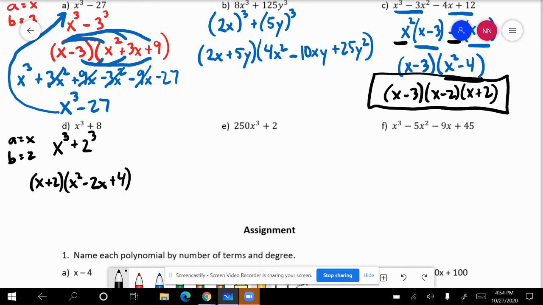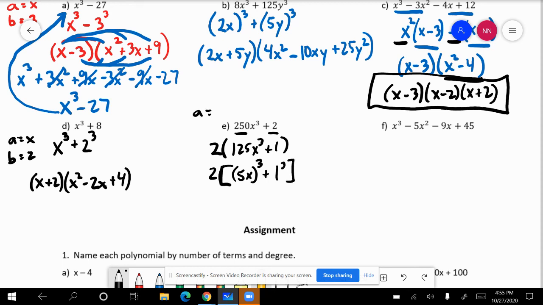Letter E is a little tricky because they don't have cubes, but we see that they're both even. So we first factor out a 2, and that gives us 125x cubed plus 1. And then we see that they are cubes. This would be 5x cubed plus 1 cubed.